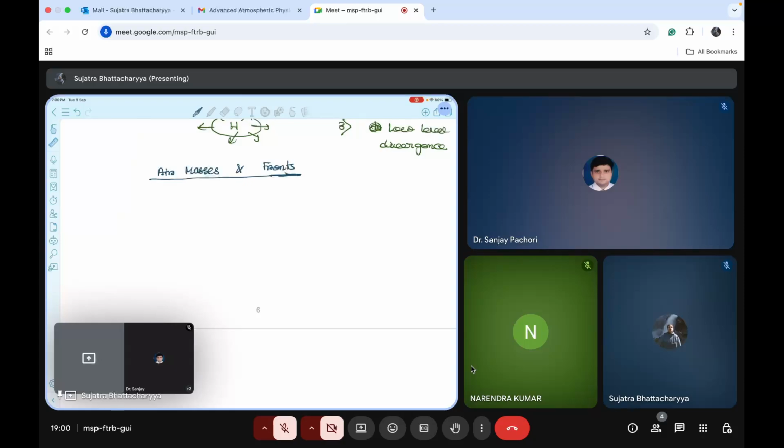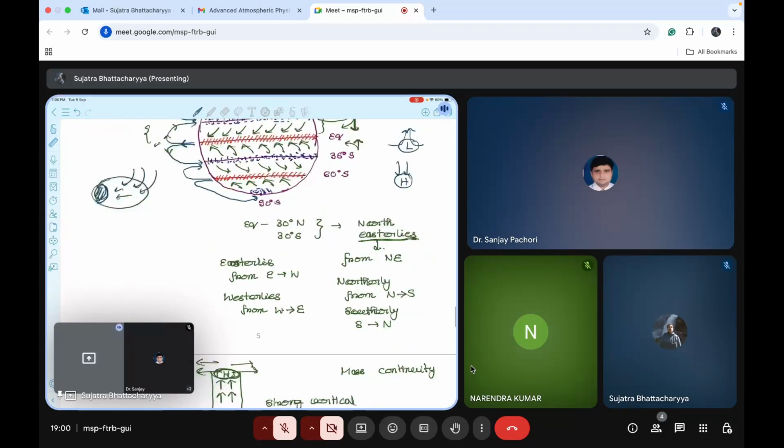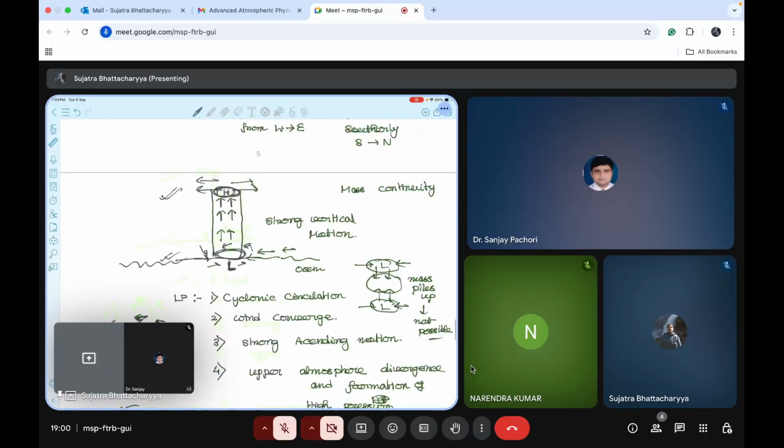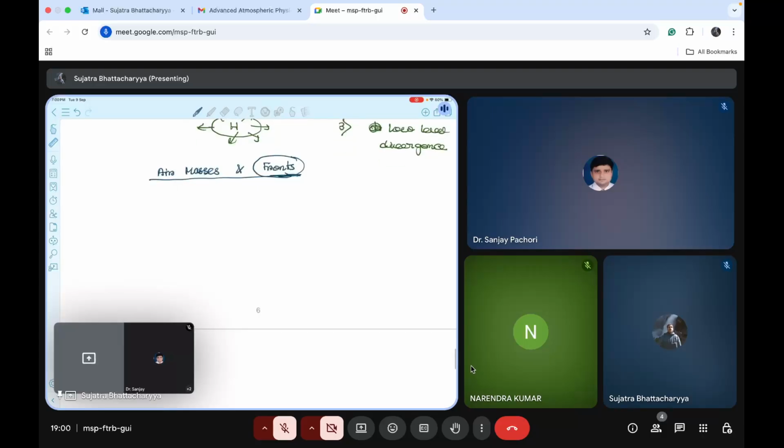Okay. So this front and all these things we generally see here at 60 degrees or mid latitudes of this particular region. So these are generally seen in the subpolar low pressure region, generally extending from 45 north to the poles towards 90.